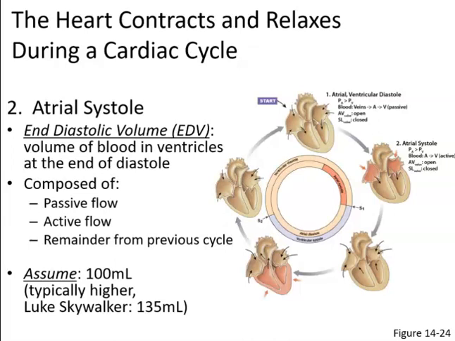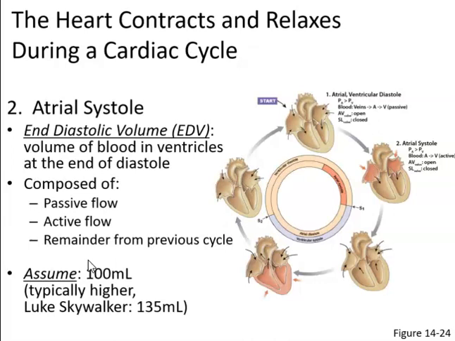We know that 1/3 of the blood is what is being pushed actively, whereas 2/3 undergo a passive flow. So the end diastolic volume is composed of the passive flow and active flow of blood from the atria into the ventricles. Also, end diastolic volume is composed of remainder blood from the previous cardiac cycle.